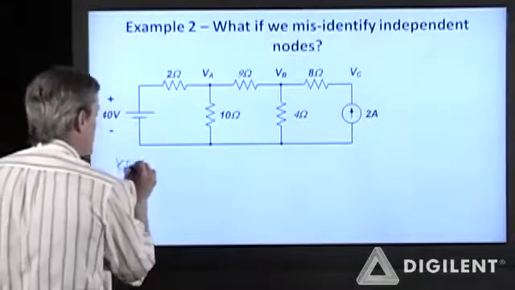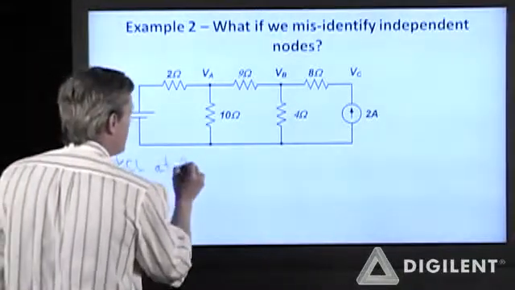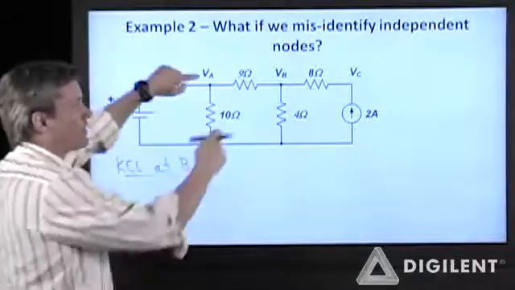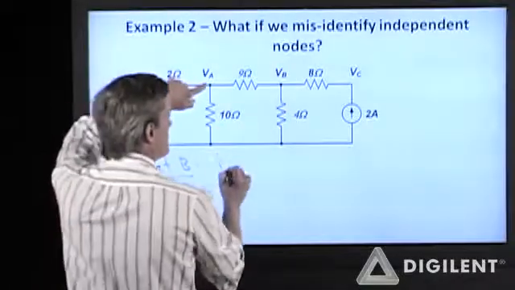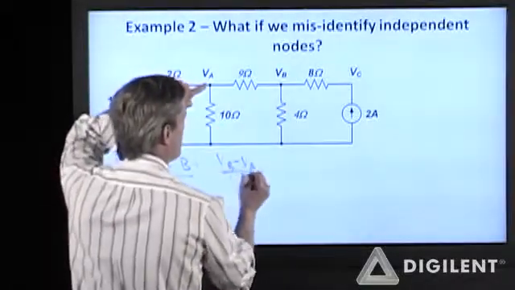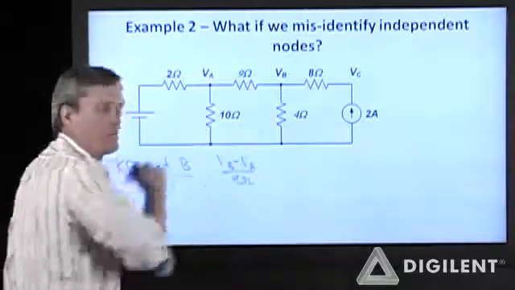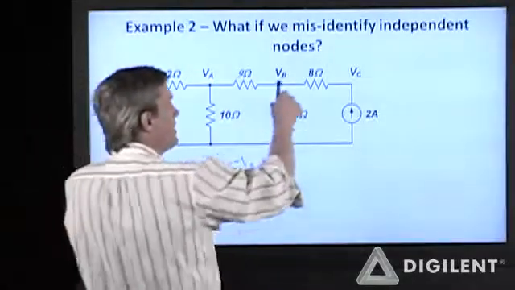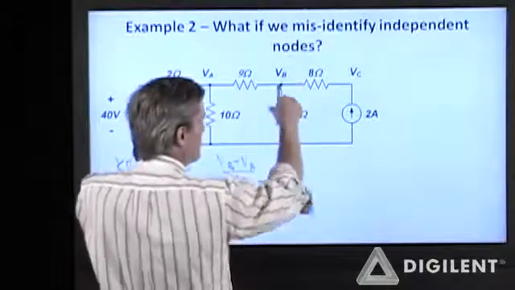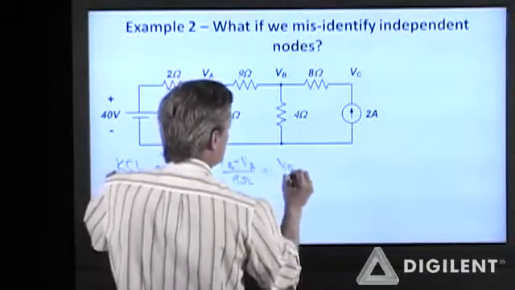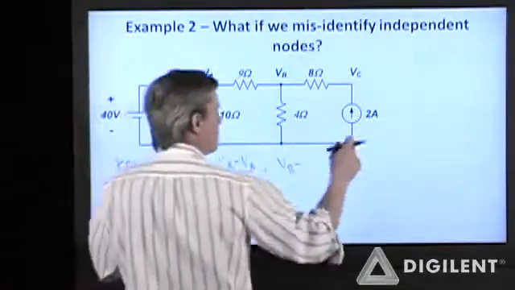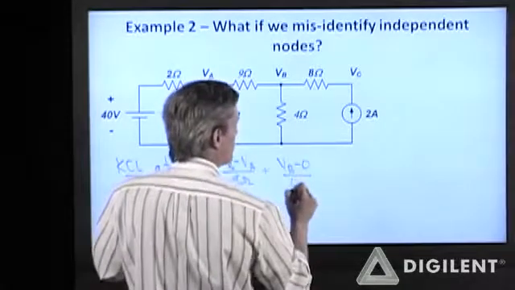So let's redo our KCL equation at node B. The current through the 9 ohm resistor is still VB minus VA over 9 ohms, assuming that the current is positive out of the node. The current through this 4 ohm resistor is V sub B minus 0 volts, our reference voltage, over 4 ohms.